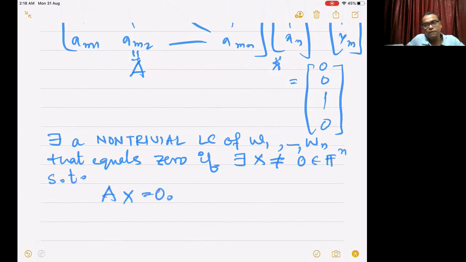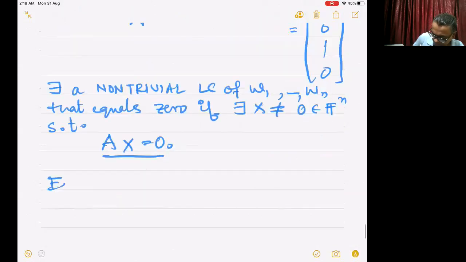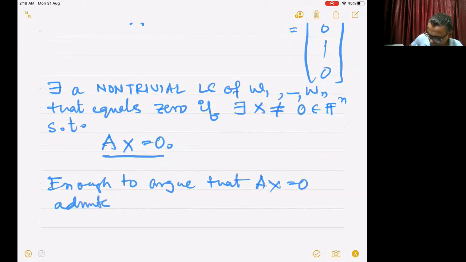So if I can find a non-trivial solution of this homogeneous system of linear equations, that will imply that there is a non-trivial linear combination of W1 up to Wn that is equal to 0, right? So then it's enough to argue that Ax equal to 0 admits a non-trivial solution. But this is true, no?